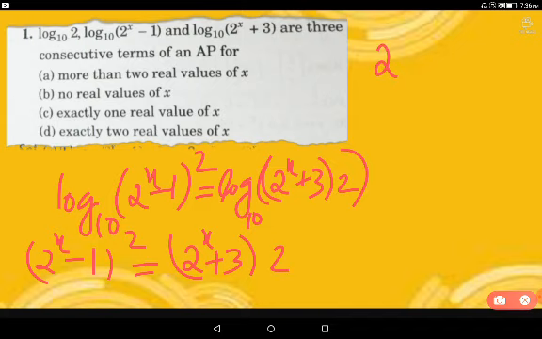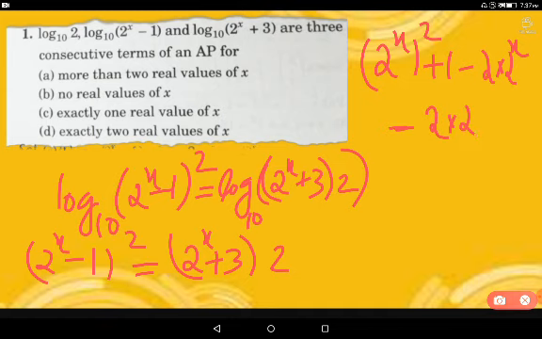So this will be 2 raised to x the whole square plus 1 minus 2 into 2 raised to x, minus 2 into 2 raised to x plus 6 or minus 6 is equal to 0.